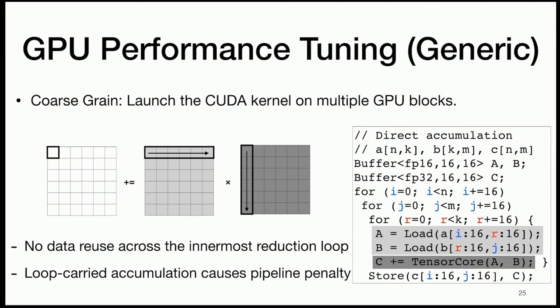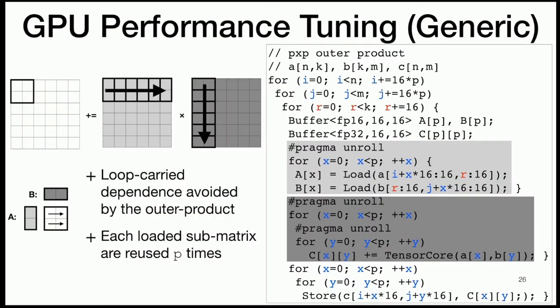Analogously, on GPU, to achieve coarse-grained parallelism, we first launch the kernels on multiple GPU blocks. However, if we just directly accumulate the result of matrix multiplication, it lacks data reusability and suffers from pipeline penalty because of the innermost reduction loop. Instead of accumulating a single element, we accumulate a P by P outer product by splitting 2 data parallel loops by P and reordering them to the innermost.